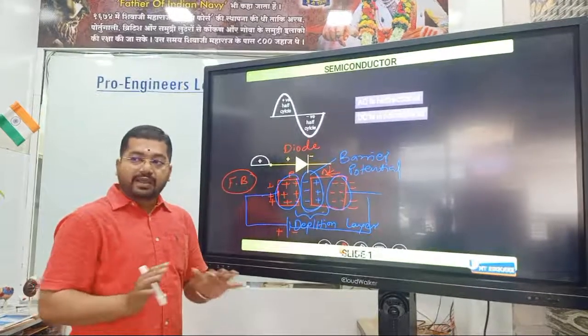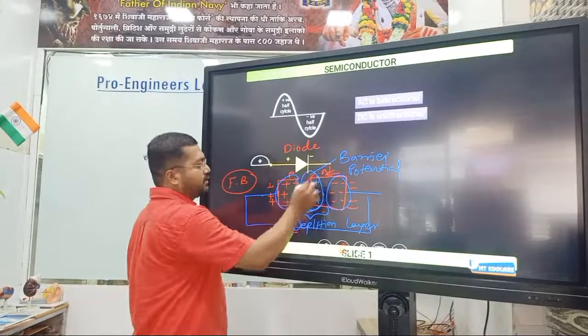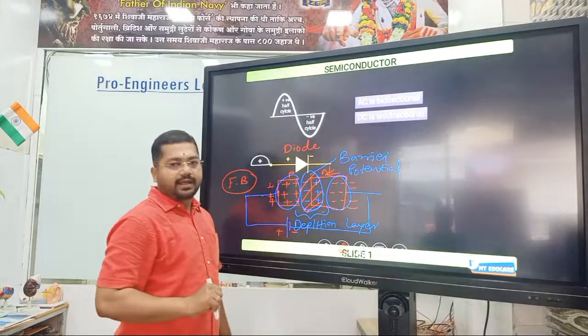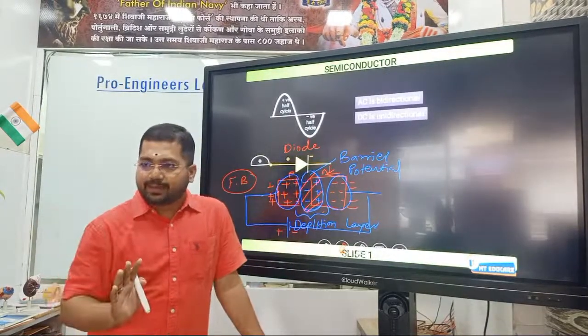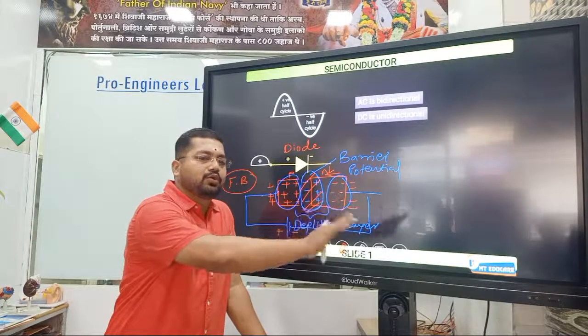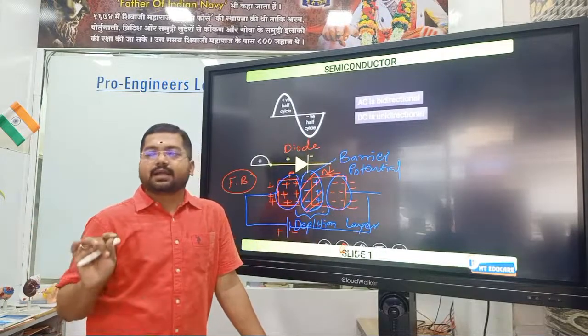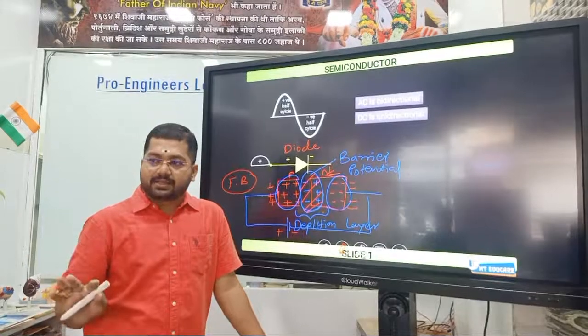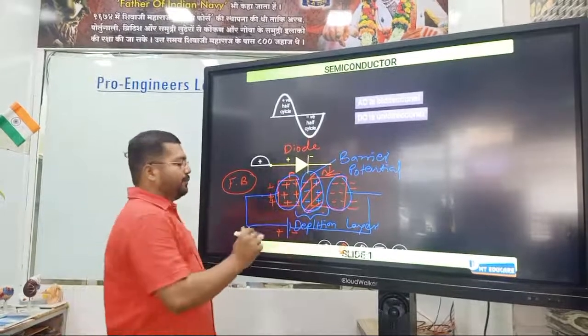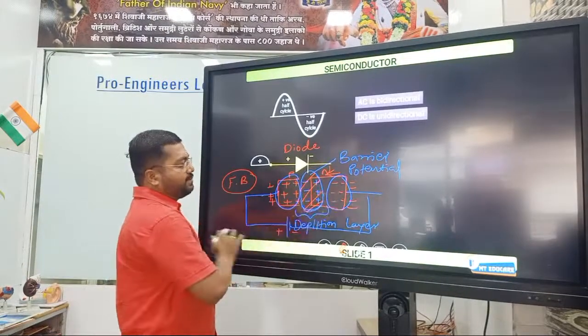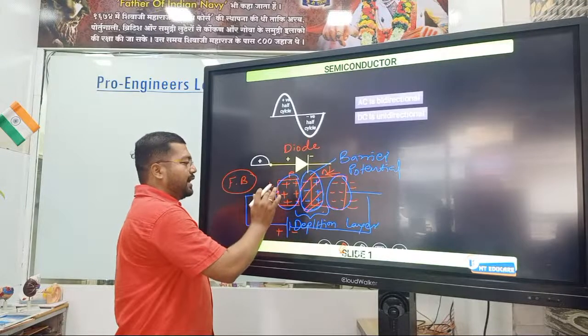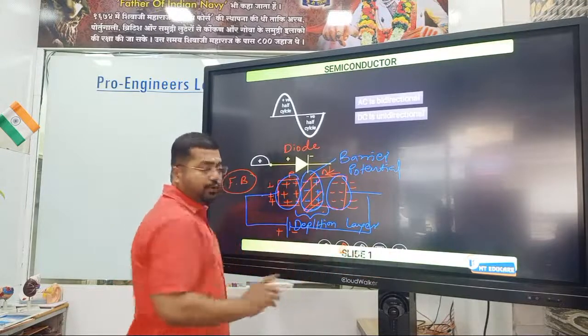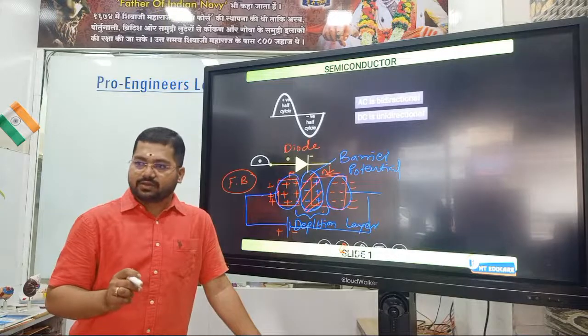For moving, they have to break this depletion layer. So certainly it will break the depletion layer, all electrons will go towards the positive side, and thus conduction will take place. This is what the PN junction is about, and I hope you understood how a PN junction works.